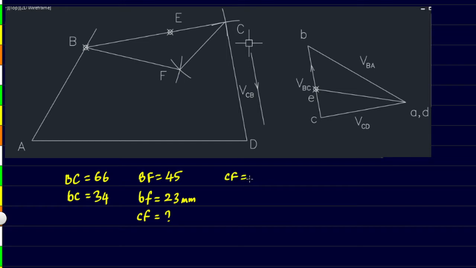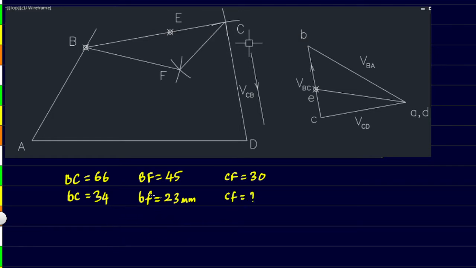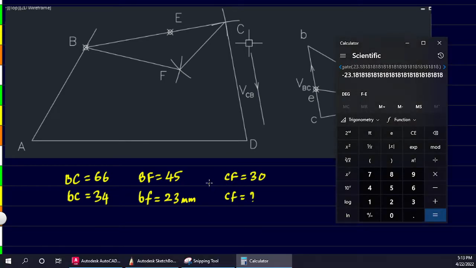So capital CF, we know that to be 30, and accordingly we need to find the smaller cf. So once again we're going to use that same method. We have to multiply these two, divide by this. Let's go ahead and do that. So 34 into 30 divided by 66. So this is what we're getting, 15.5.